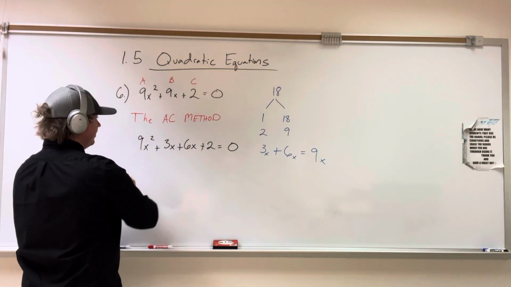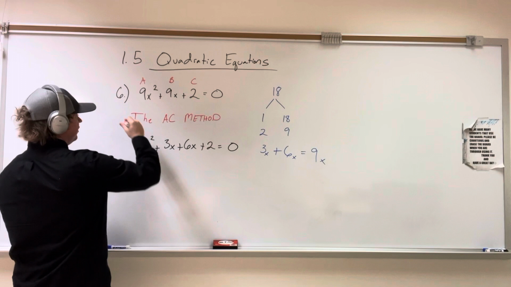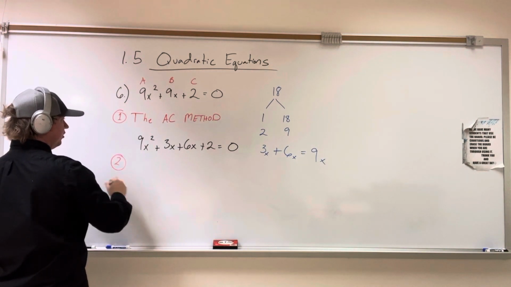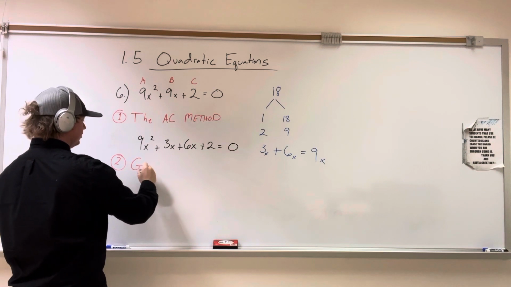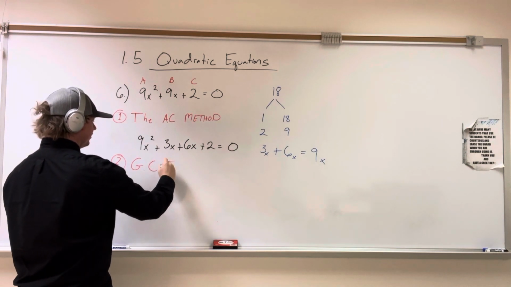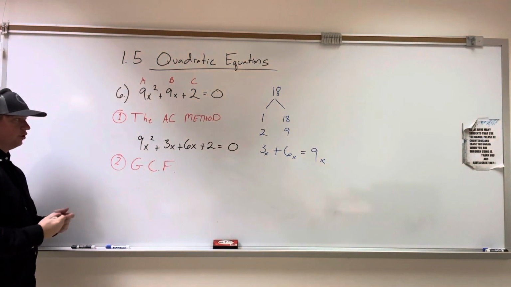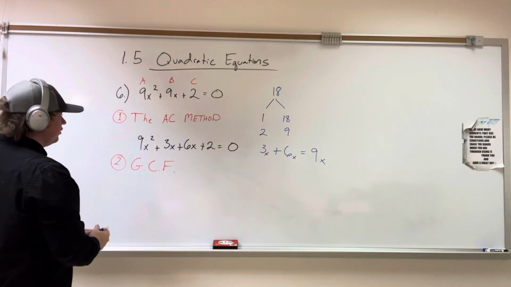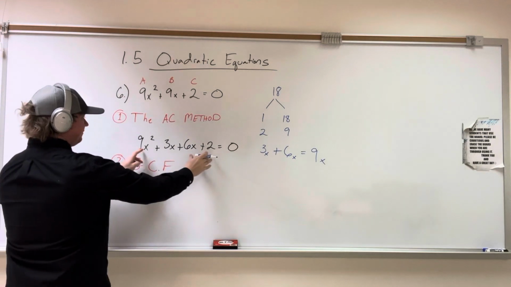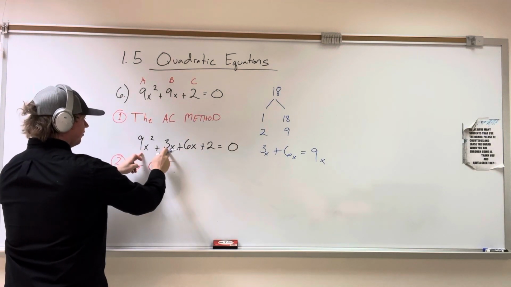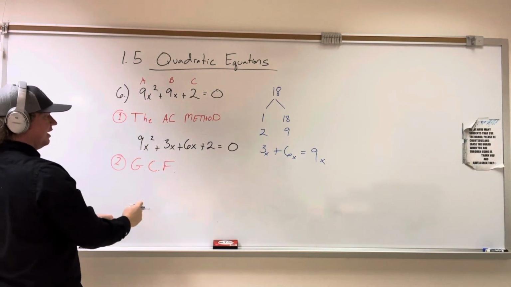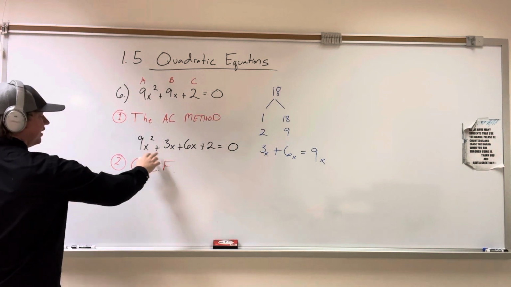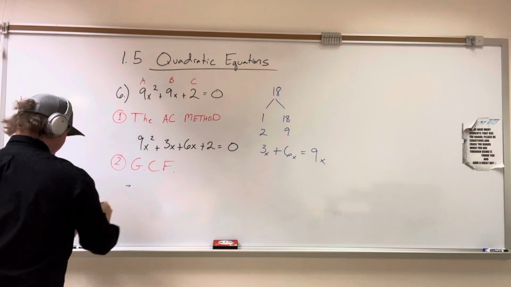Now, this step was the AC method, and in this step, we're gonna use the greatest common factor. Whenever there's 4 terms, we're gonna factor something out. So in the first two terms, they have an x and a 3 common between them.